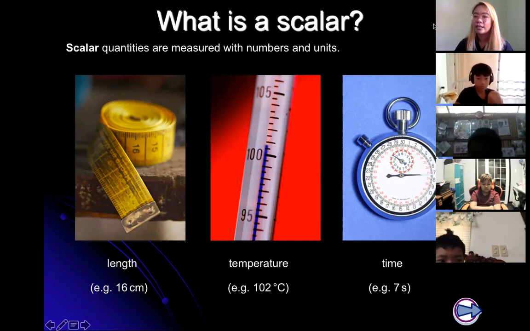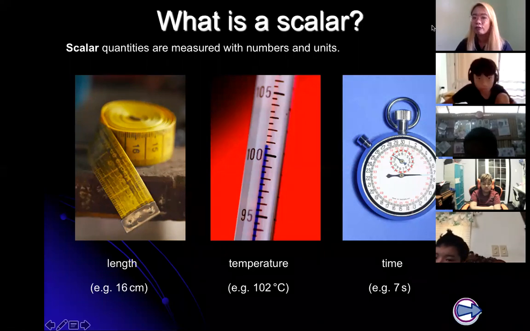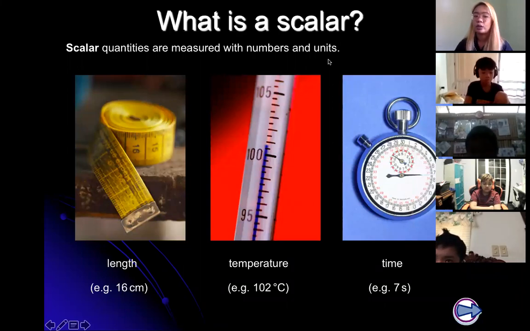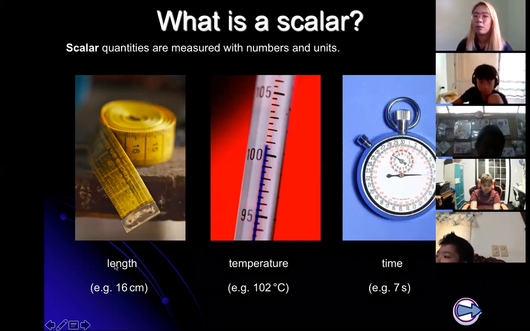So what are scalar quantities? It says here, scalar quantities must have numbers and units. So for example, in terms of length, we usually have, for example, 16 centimeters. If you will notice, it has a number which is the 16, and then it has a unit which is your centimeter. So this length is measurable by a scalar quantity.